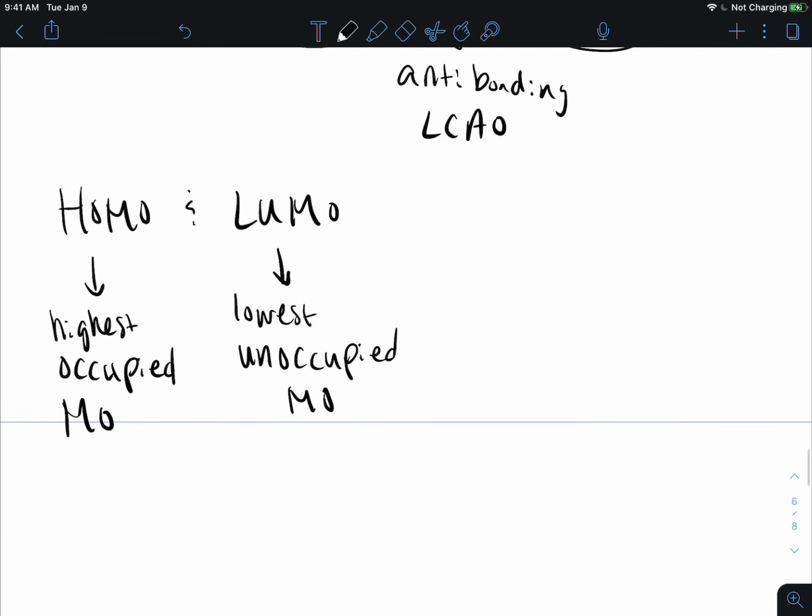So we look at our HOMO-LUMO gap to get information about our excited state.